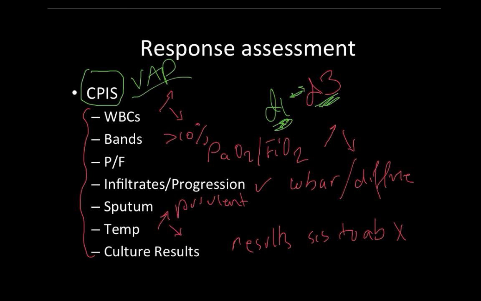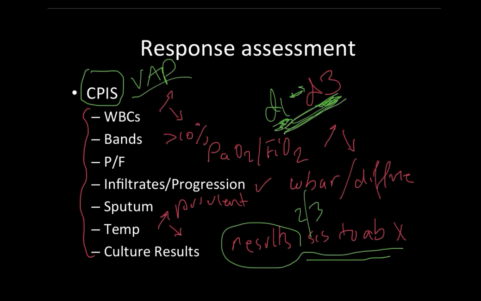Once you know the culture results and response to antibiotics, then you can decide if the treatment is appropriate or not, but two-thirds of the time you're not going to get a particular bacteria and sensitivity, so you're going to have to depend on assessing your response to treatment.